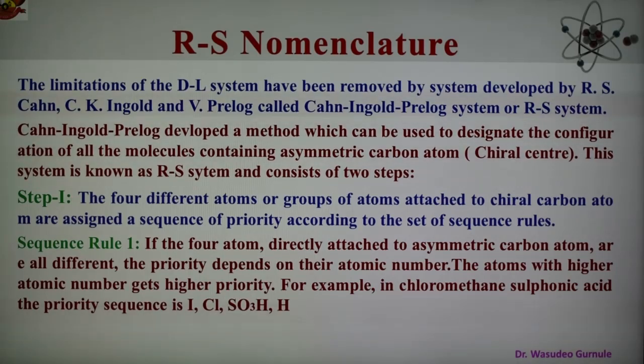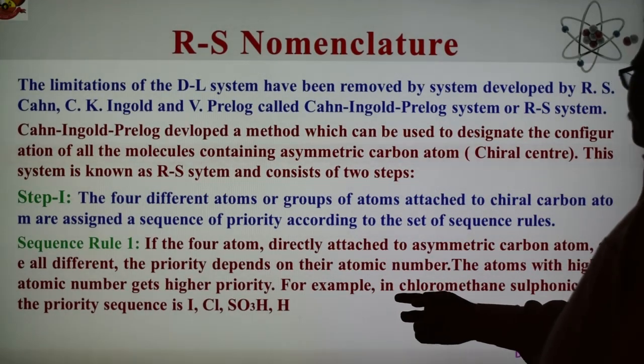So according to sequence rule number 1, we have to see the atomic numbers of the 4 atoms attached to the asymmetric carbon atom, and according to the higher atomic number, that is first, then second, like that we have to find out the higher priority, then lower priority.